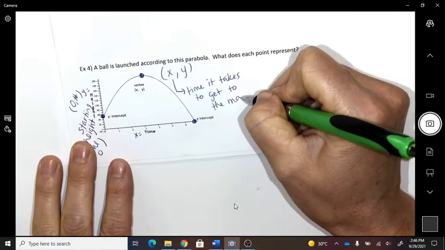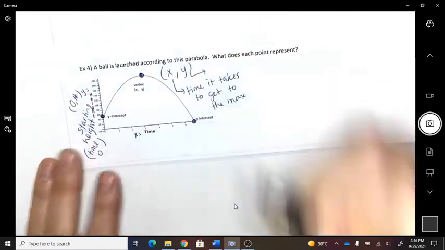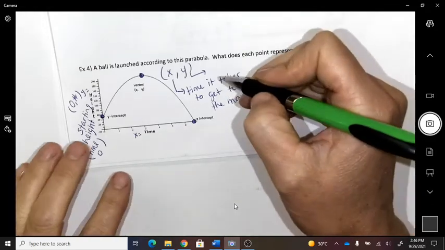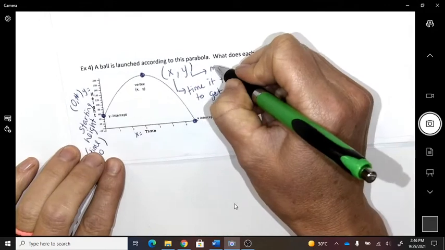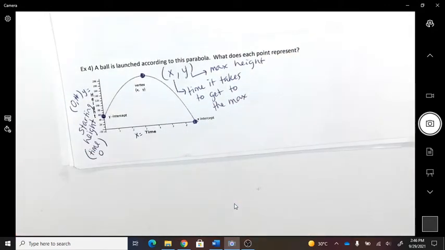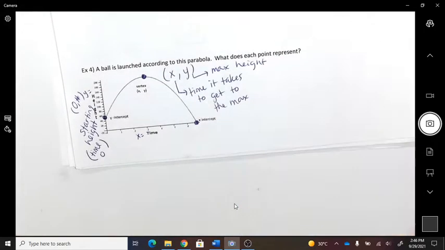Remember, it's a special point, it's the max point. So the time it took to get there, comma, in this case, the 200 would be how high it is. The max height of the ball. That's the highest the ball ever went. And it took, in this case, 3 seconds to get to the highest height.